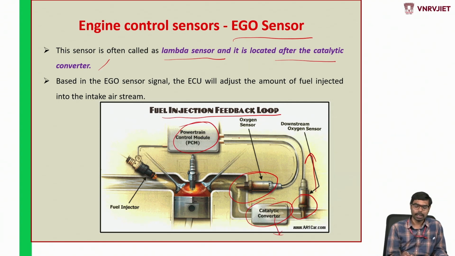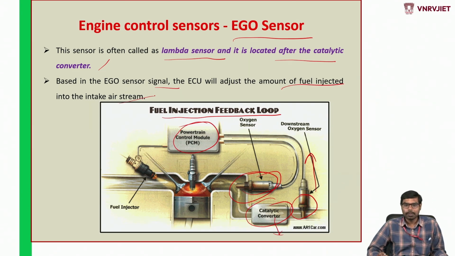So we are going to take this as a prime input. Based on the EGO sensor signal, the ECU will adjust the amount of fuel injected into the intake air stream. For example, when the oxygen sensor reports that oxygen levels are very low, it means we did not supply enough oxygen during the intake process.